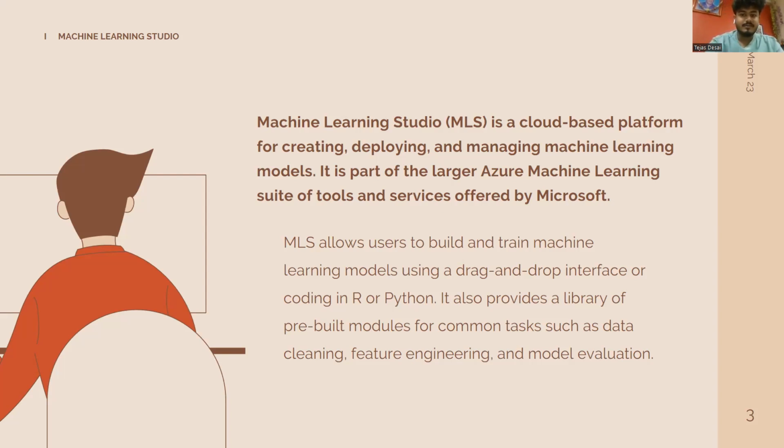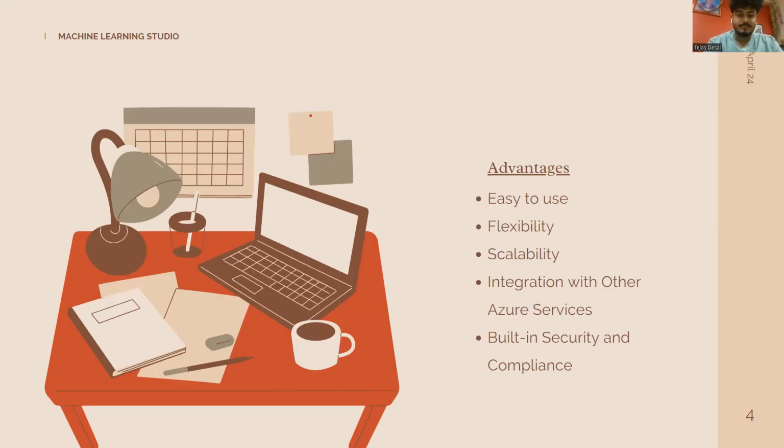So here I have listed a few of the advantages of Machine Learning Studio. First advantage, it is easy to use. It is one of the biggest advantages of MLS. With a drag and drop interface, users can quickly build and train machine learning models without needing to write complex code.